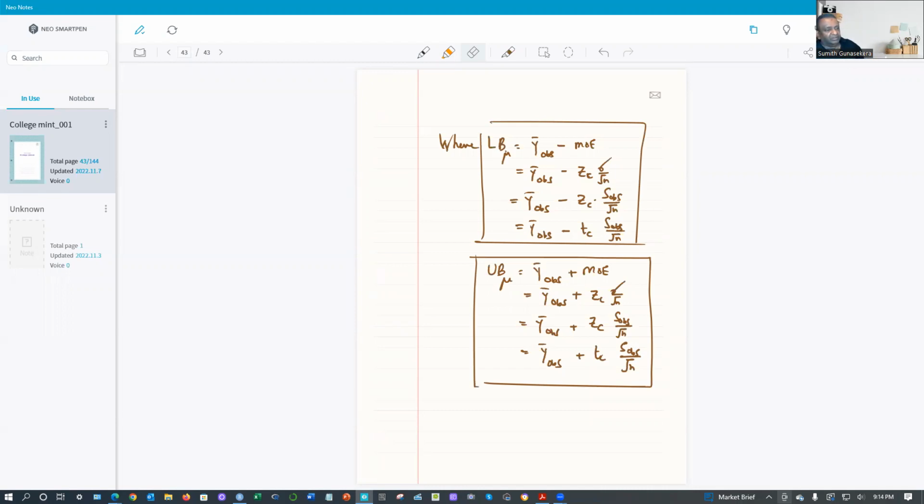Either way is fine; you can write it any way. Now we have to figure out what we are going to get for that margin of error and this confidence interval.